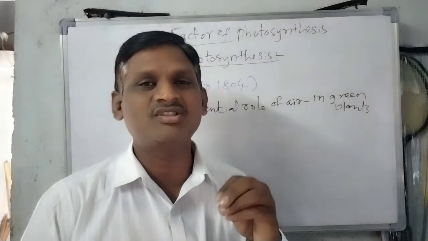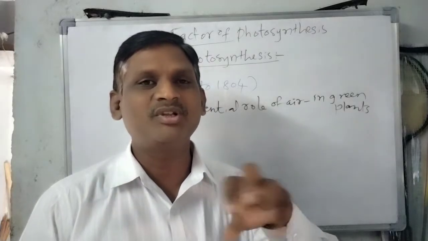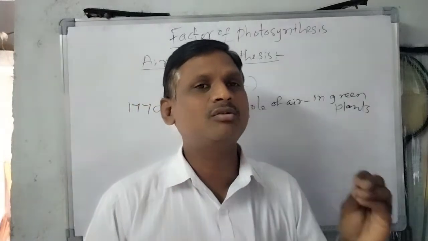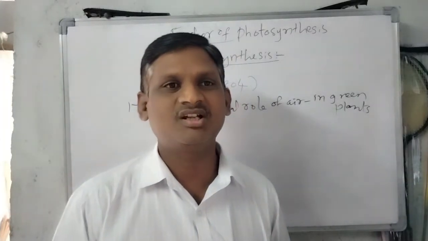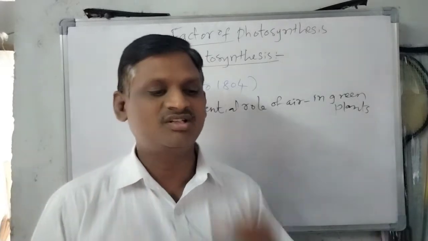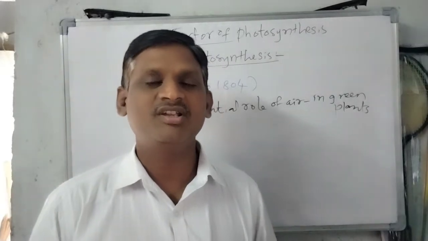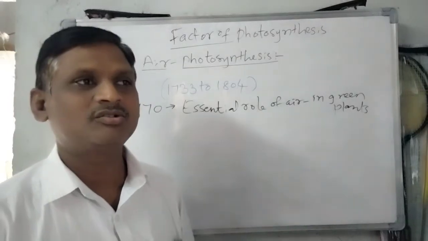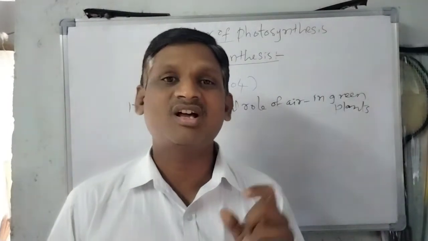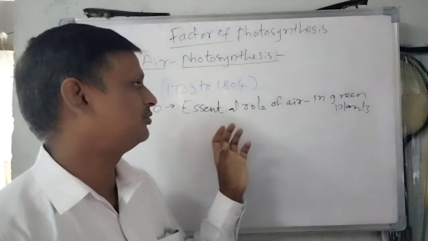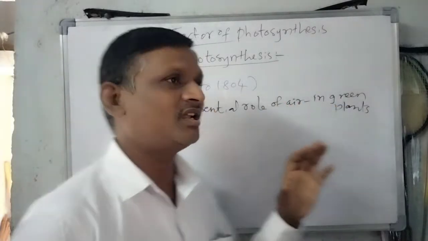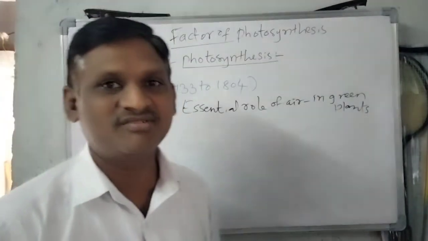There was no complete knowledge about photosynthesis then, so photosynthesis was still unknown. When he conducted the experiments regarding air and photosynthesis, photosynthesis was still unknown. So in this process he proved the essential role of air in green plants in the year 1770.